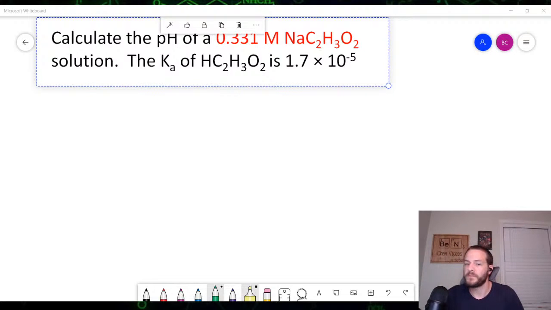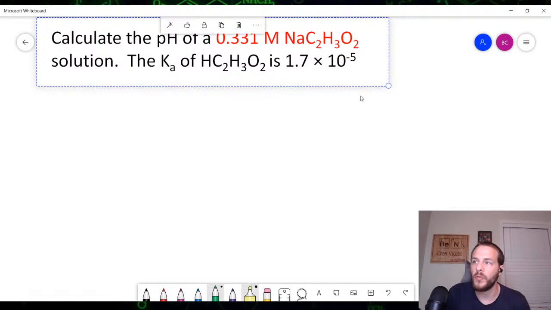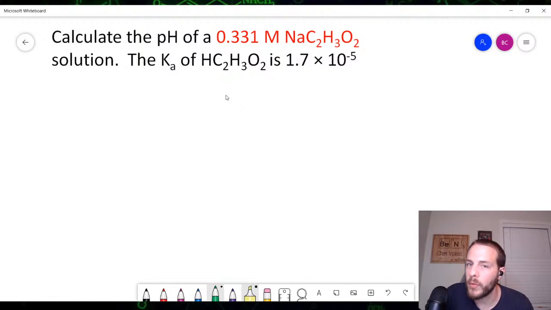So this problem says to calculate the pH of a 0.331 molar solution of sodium acetate, NaC2H3O2, and it says that the Ka value of acetic acid is 1.7 times 10 to the minus 5. Okay, so this is interesting.